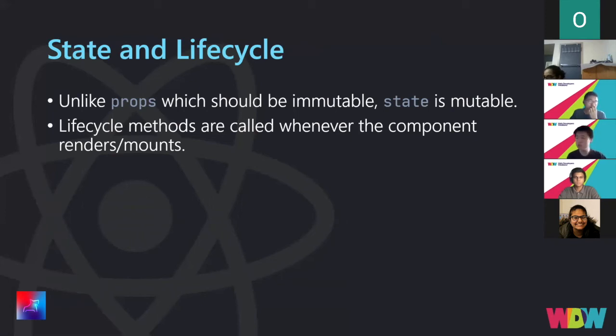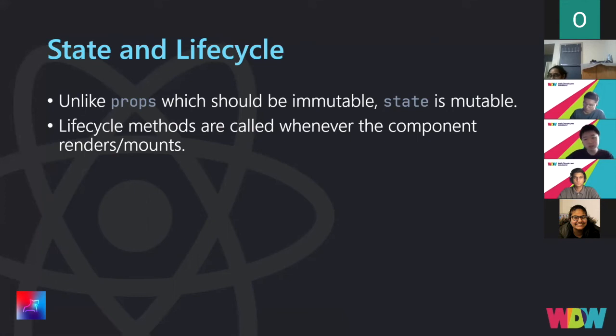It usually happens when the component renders or mounts for the first time. We have to be mindful though, when we use these lifecycle methods, that we can hit infinite loops. So let's say our lifecycle method is used to check if the state is changed.